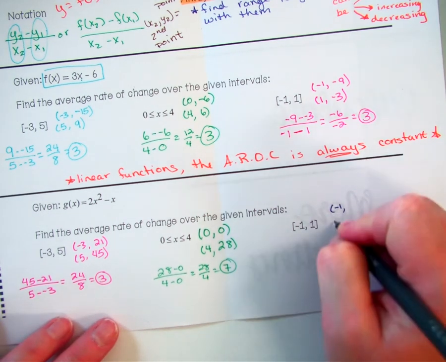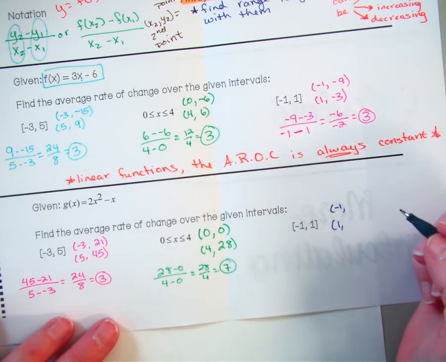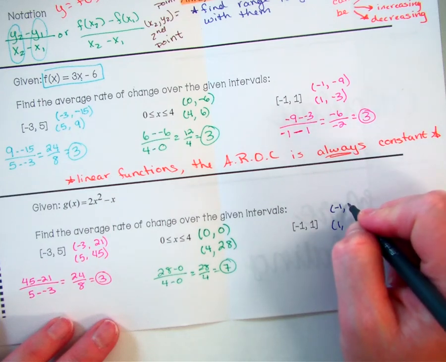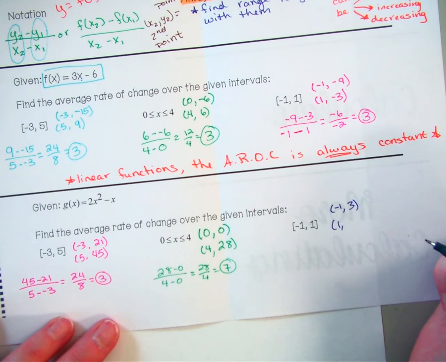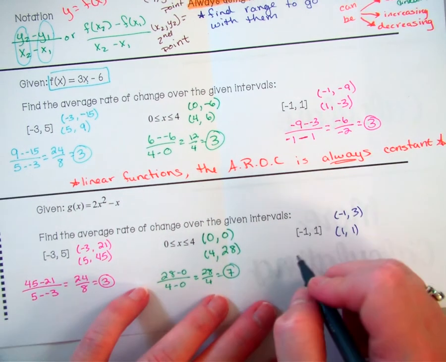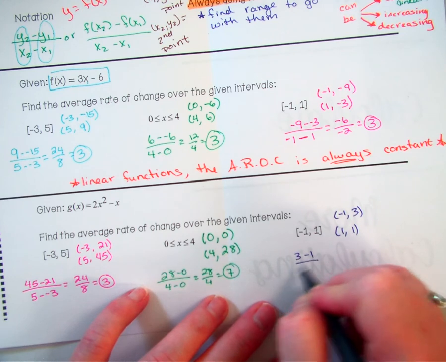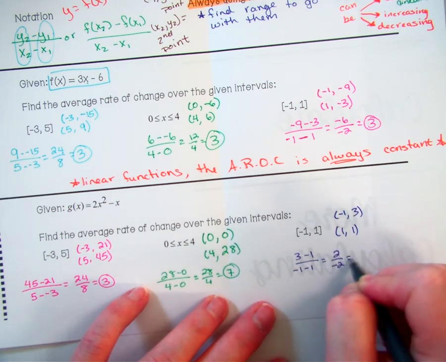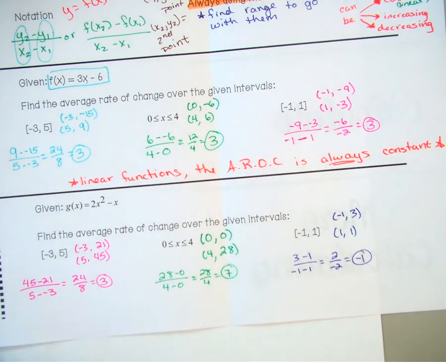So our last interval: if I plug in a -1, I get 2 plus 1, so that gives me 3. If I plug in a +1, I get 2 minus 1, which gives me a 1. So 3 minus 1 over -1 minus 1 gives me 2 over -2, so I get -1.